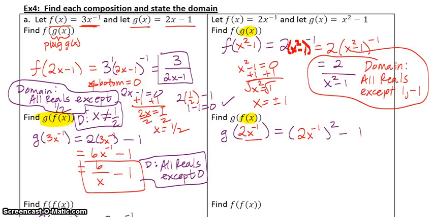And again here, I've got two things multiplied together in a parentheses. So if it's multiplied together in a parentheses, you can distribute the exponent. So it's 2 squared, which is 4, times x. And then negative 1 times 2 is a negative 2 for that exponent. So here's what I end up with this time: 4 over x squared minus 1.